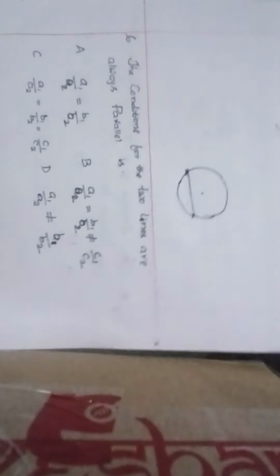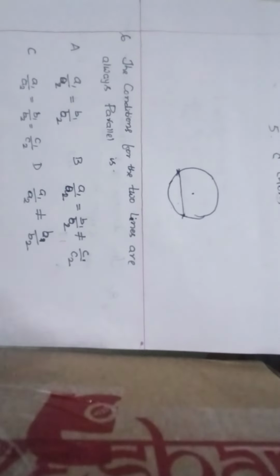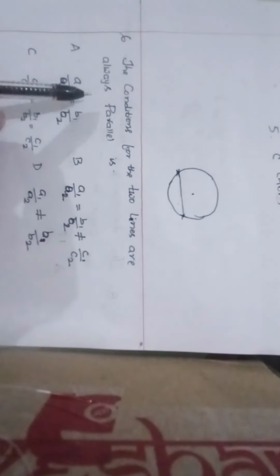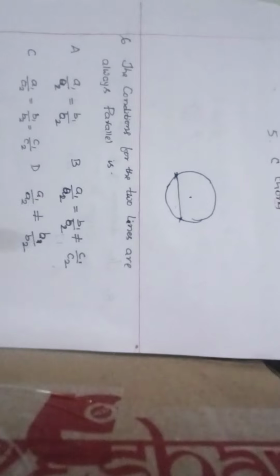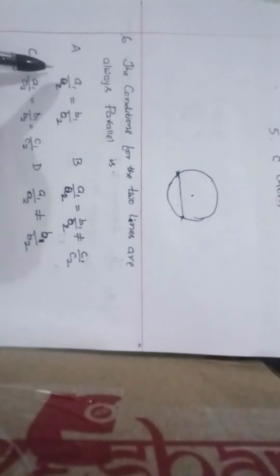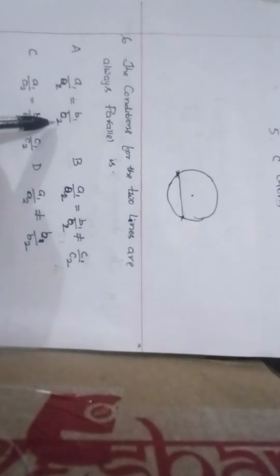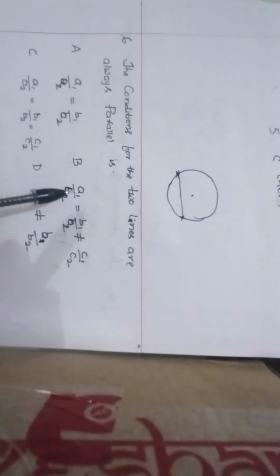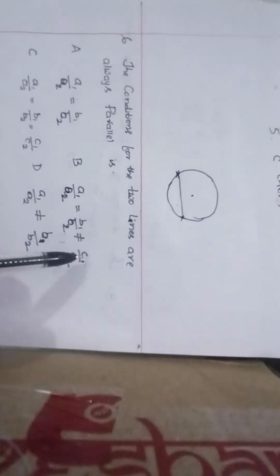Over. Now, sixth question. The condition for the 2 lines to be always parallel is: first option A, A1 by A2 is equal to B1 by B2. B, A1 by A2 equals B1 by B2 not equal to C1 by C2.